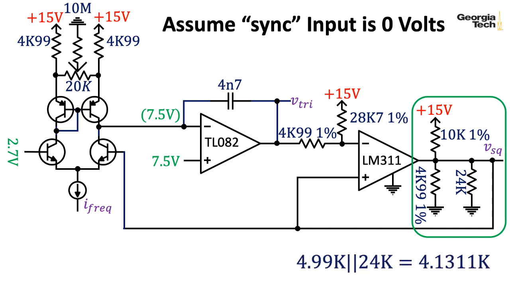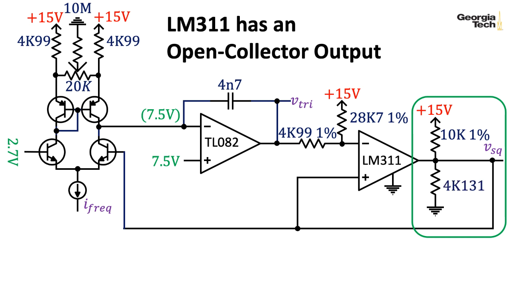So with that assumption, we can take that 4.99K and 24K resistor, take their parallel combination, and replace it with a 4.1311K resistor. And yes, I'm being a little ridiculous with these significant digits. So with that in mind, we can now see what voltage we get for the square wave output when the result of the 311 comparison is a logical true.